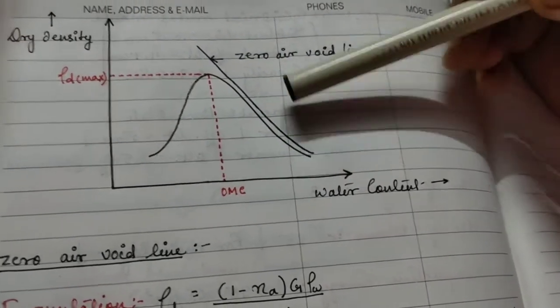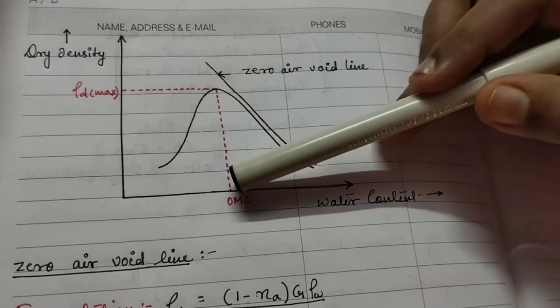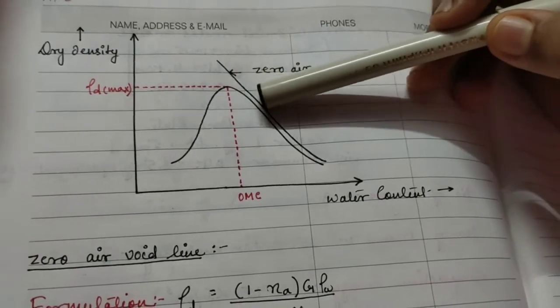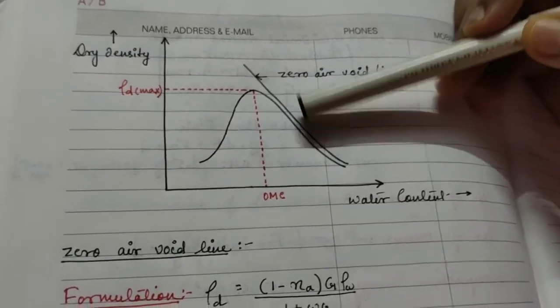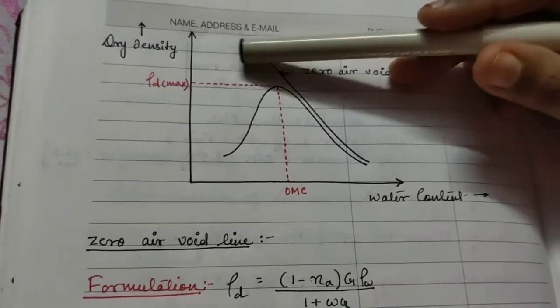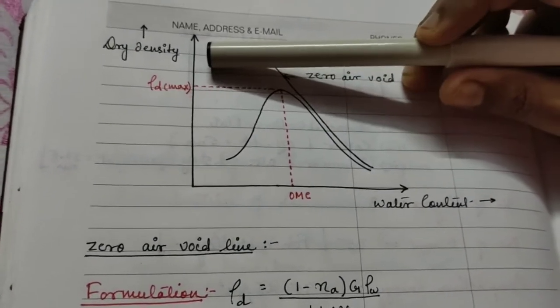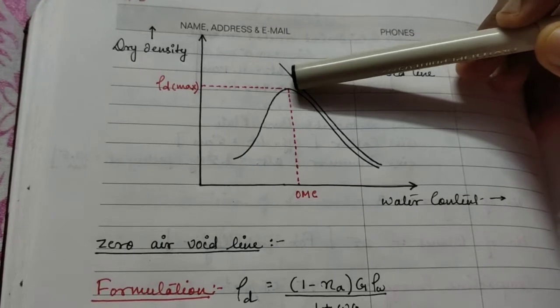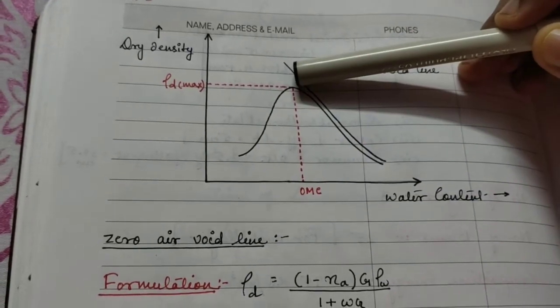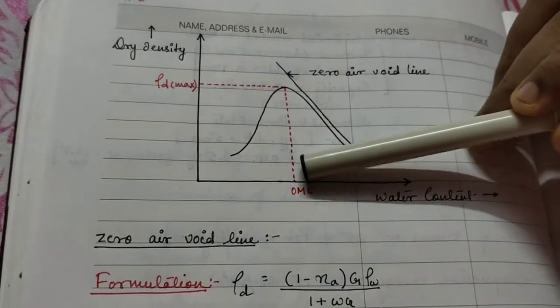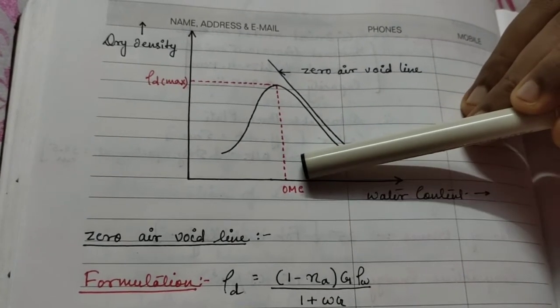The maximum dry density obtained from this curve is given as gamma d max, and the corresponding water content for the maximum density is known as the optimum moisture content.